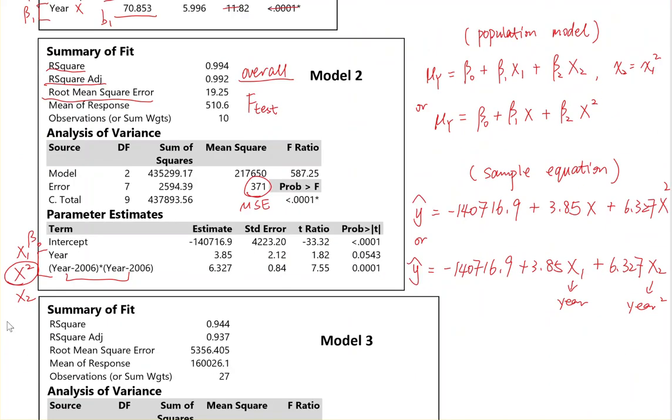This is the square term, right? We want to test whether this square term is significant or not. Then what is the hypothesis? What do we need to test about? We have beta 0 for the intercept. We have beta 1 for the year. Then we have beta 2 for the square term, right? So if we want to test whether the square term is significant, we are testing about beta 2.